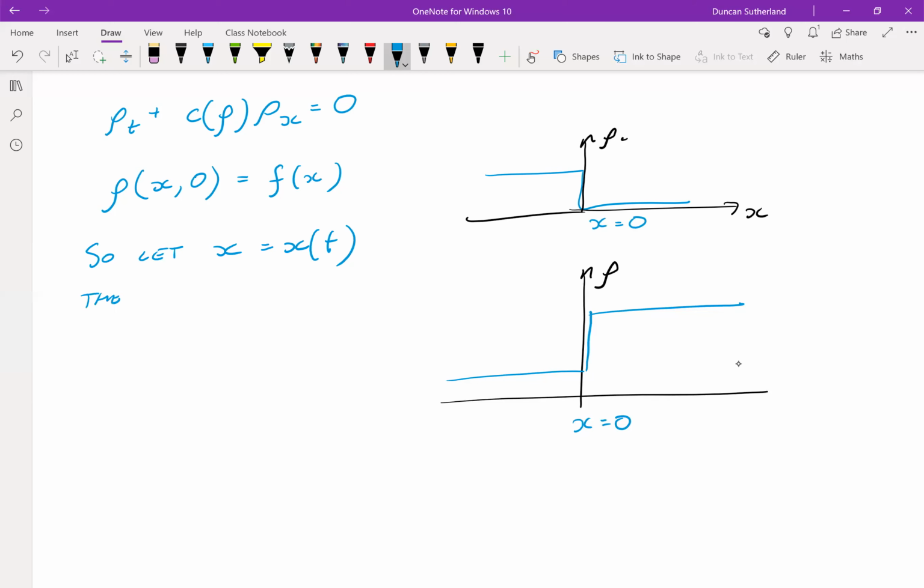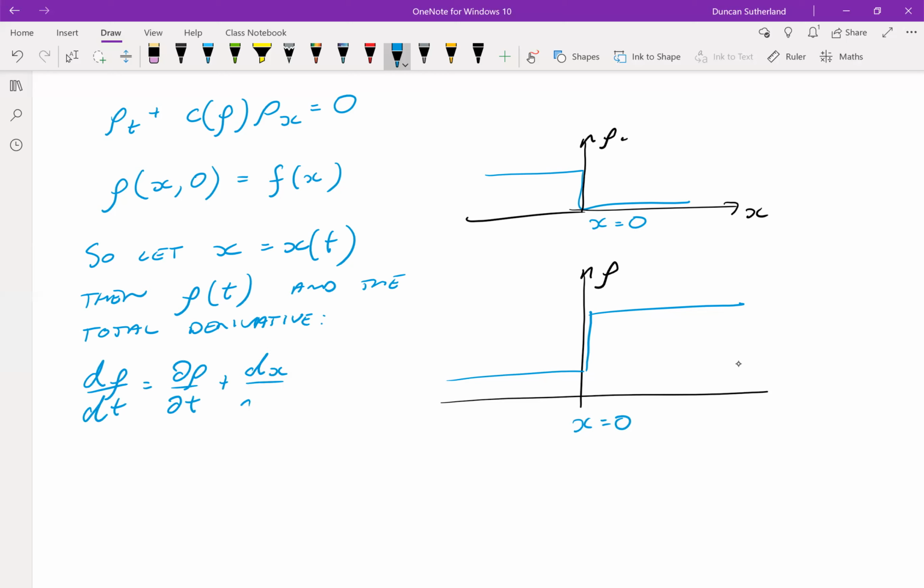Then rho is a function of time alone, and the total derivative is given by d rho dt equals the partial derivative of rho with respect to t, plus dx dt, remember x is just a function of t, times the partial of rho with respect to x, sorry, like this.